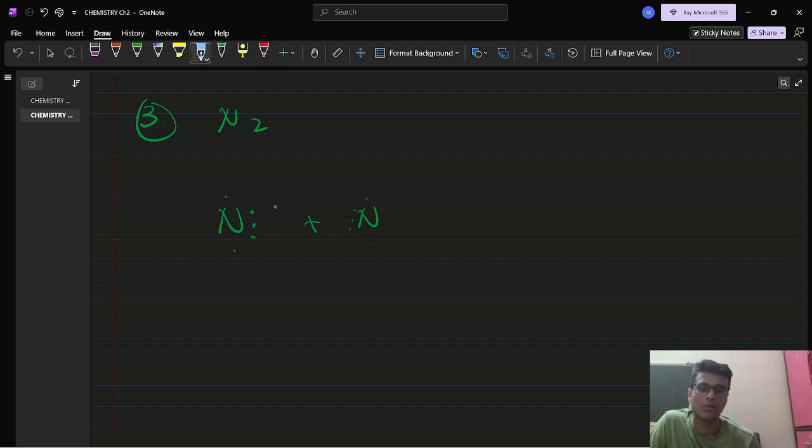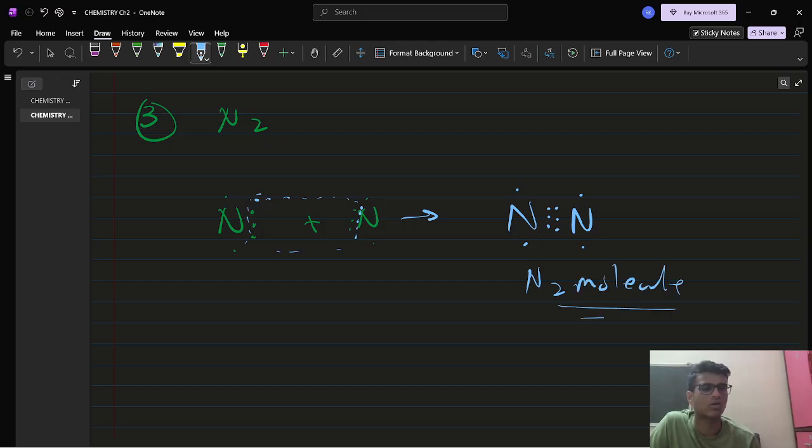In a covalent compound show this dotted, show it neatly. Right now it will form 1 2 1 2 3 1 2 3. This is N2 molecule. So that's why it's a triple.